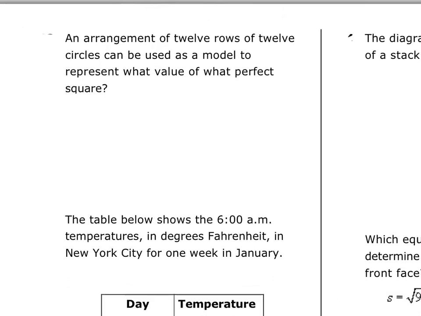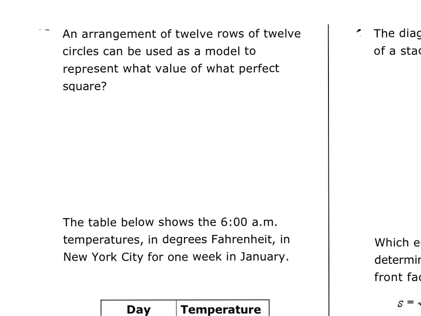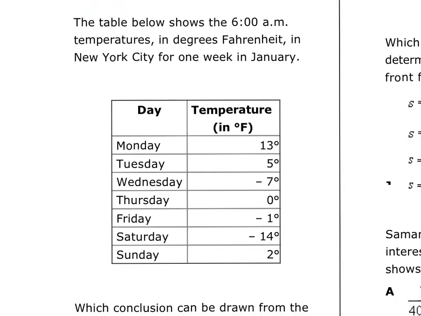An arrangement of 12 rows of 12 circles can be used as a model to represent the value of what perfect square? 144. If I have 12 rows of 12, that's the same as saying 12 times 12, right? 12 times 12 is 144. Is 144 a perfect square? Yes, because 12 squared gives you 144. Again, hopefully that's a gimme.